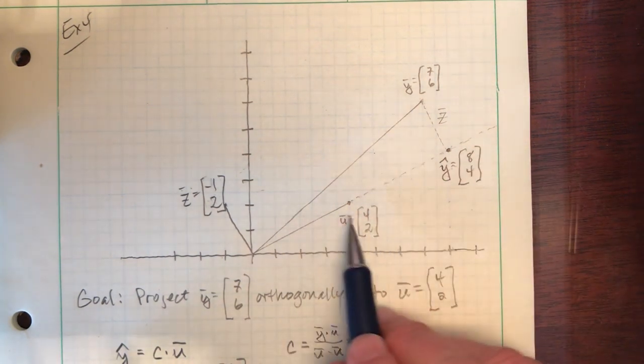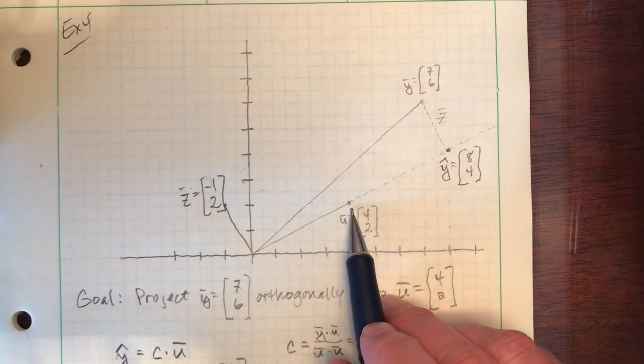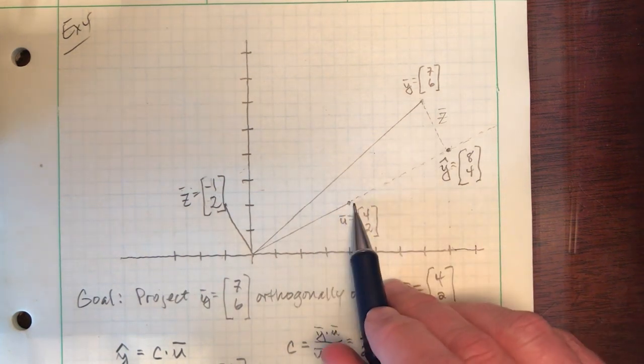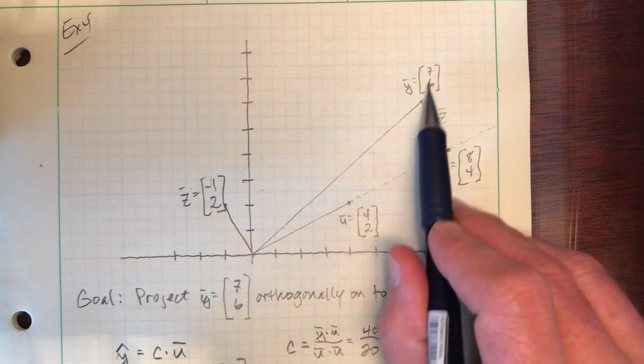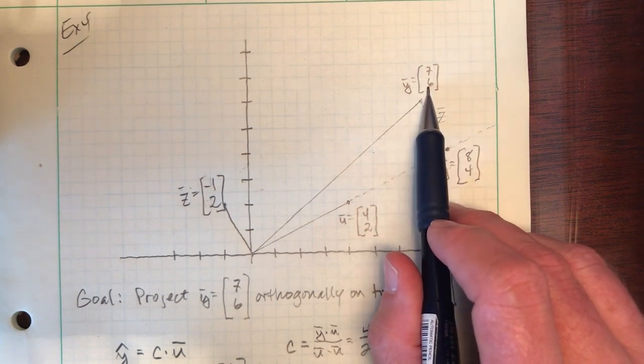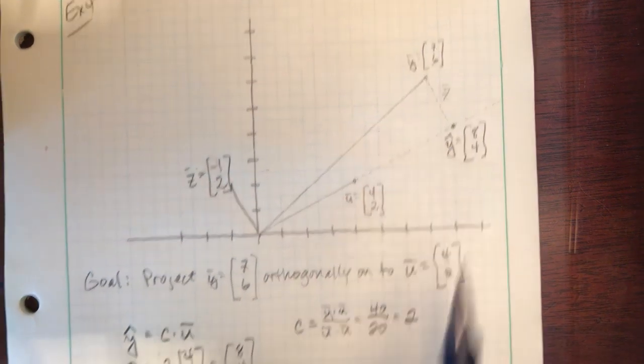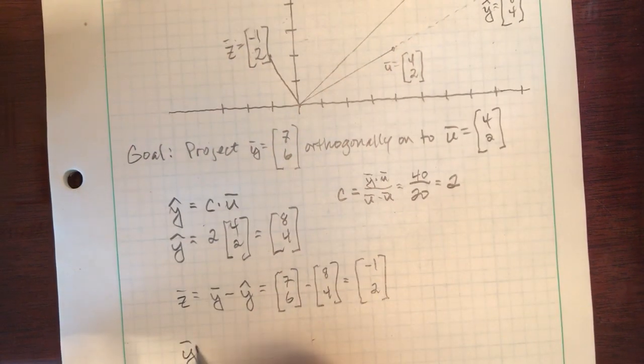So starting with u as a basis, what we could also do is think of an orthogonal combination of vectors that gives me my original 7, 6, and we've got it. I want you to see this. So my y, my target vector, is just a combination of that y hat plus my z.